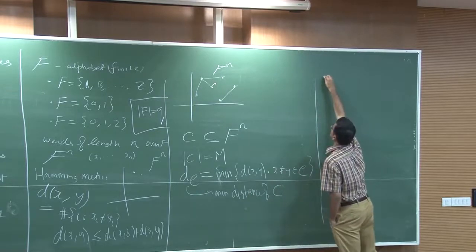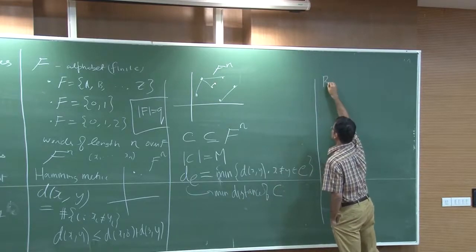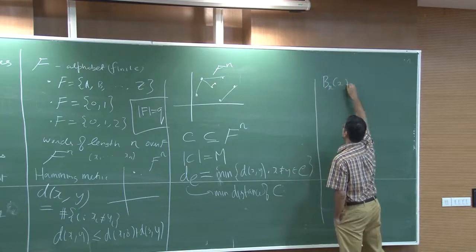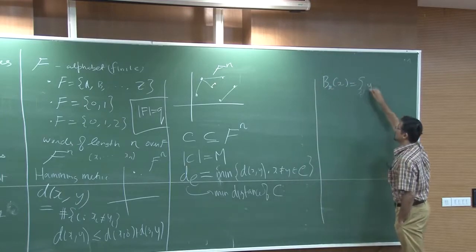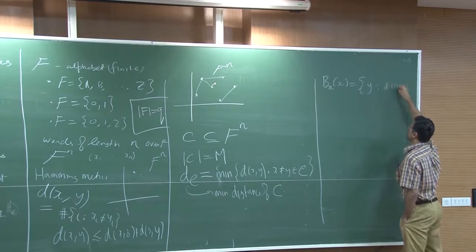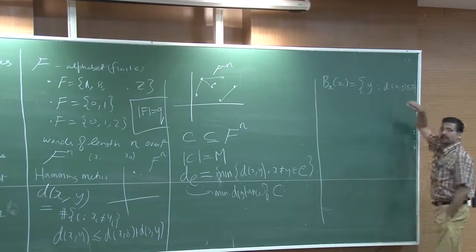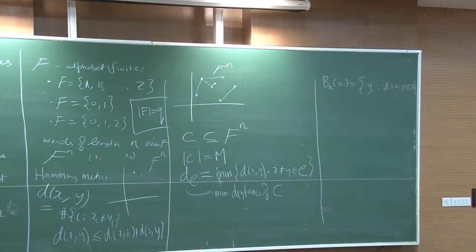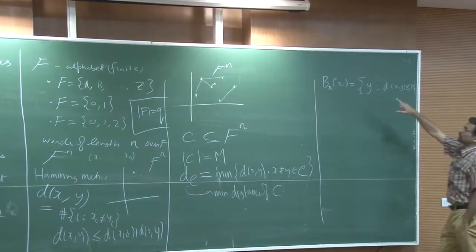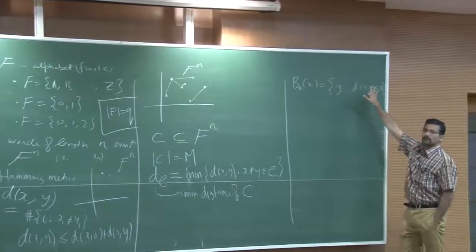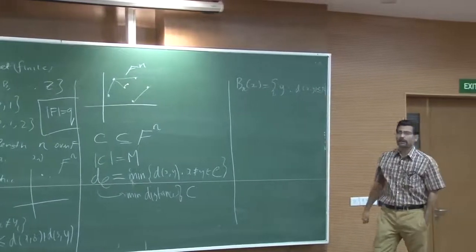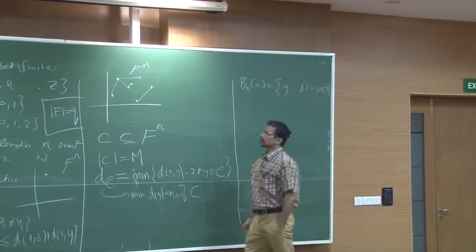Let me say B_r(x) is equal to all y such that d(x, y) is less than or equal to r. Just like in Euclidean space, we can talk about this, right? This is the center of the ball, this is the radius. You can do this over any metric space. Okay, so let me draw those balls here.